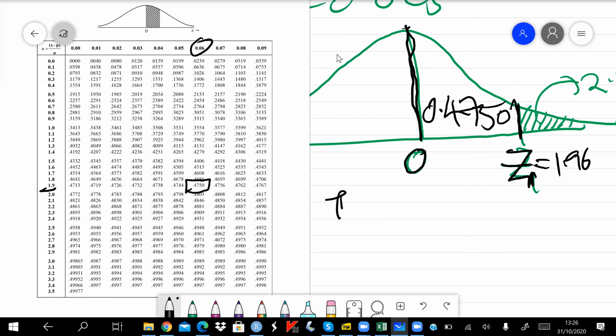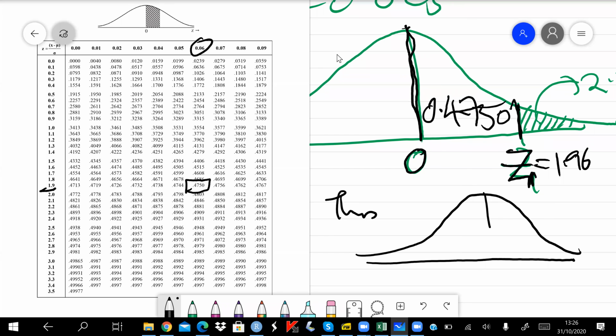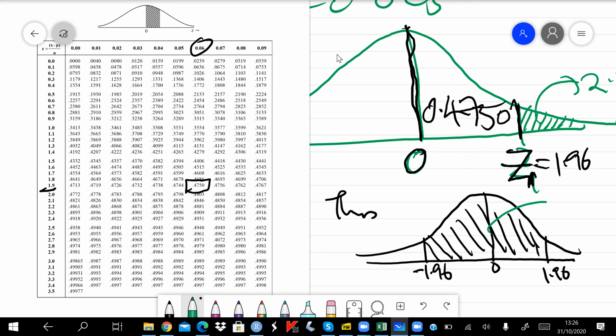So thus, we are talking about this area here. This is 1.96, and this one is minus 1.96. This is what will give us 95%.